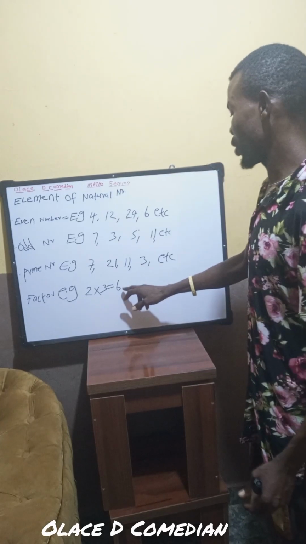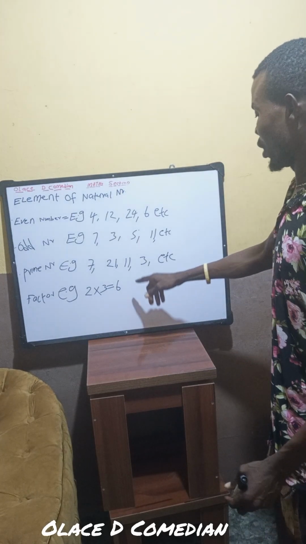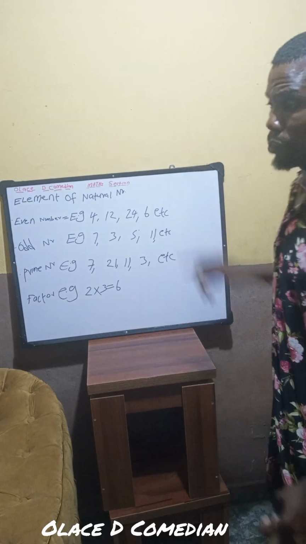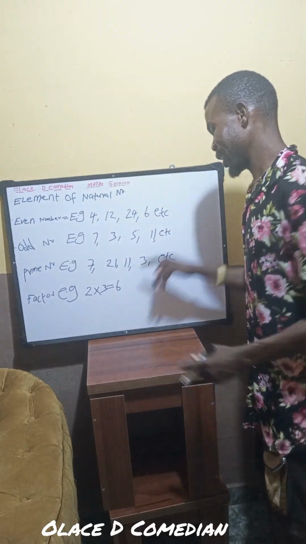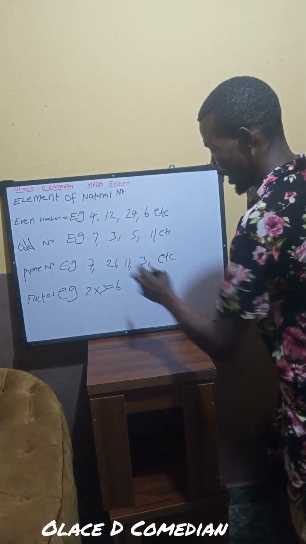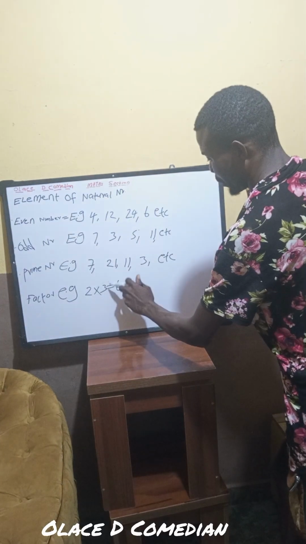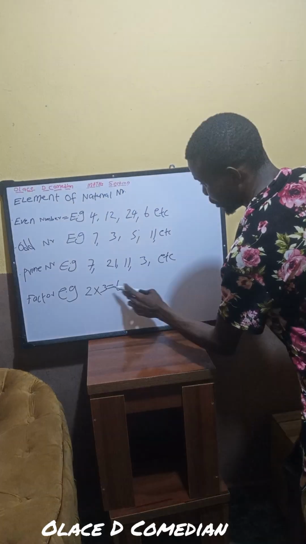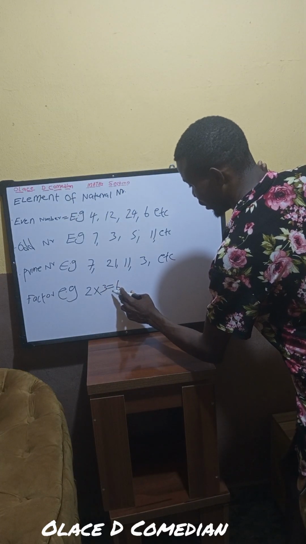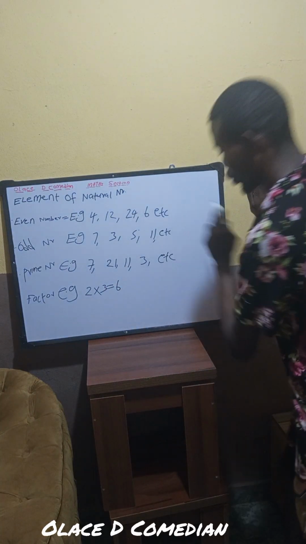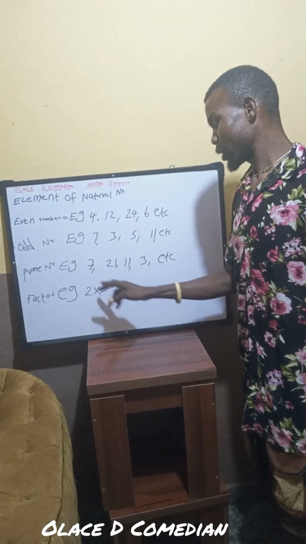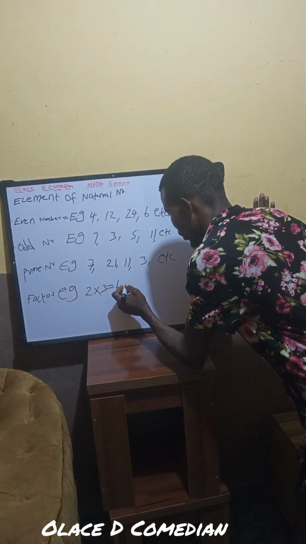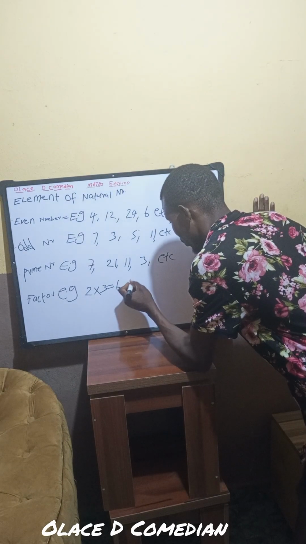This 6 that you get, in mathematics, we call it a product. What makes up 6 is 2 and 3. When you multiply this by this, you get 6. So know that 2 and 3 are factors of 6. The result that 2 and 3 give you is called the product.